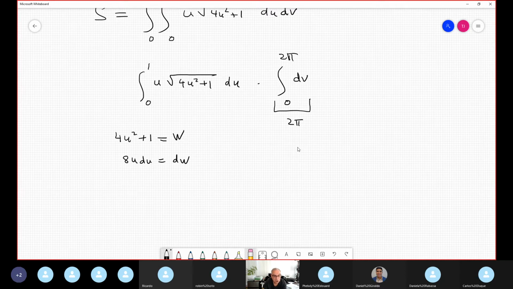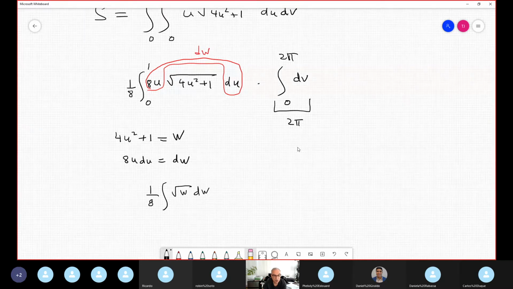The differential is almost complete. We need only an extra 8 here. So you put an extra 8 here and you divide by 8 in order not to affect my integral. Therefore, this guy and this guy together is dw. And we have the square root of w dw.